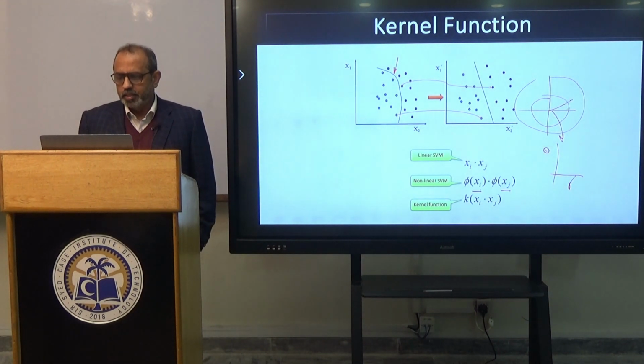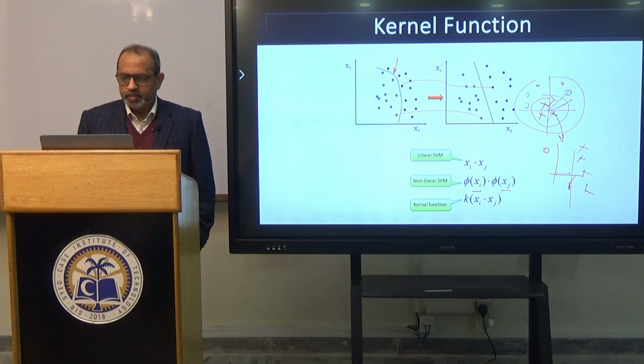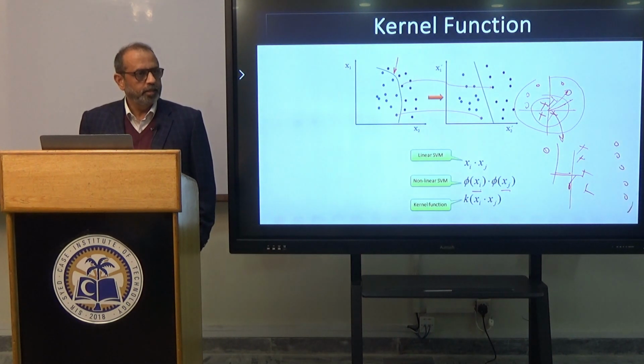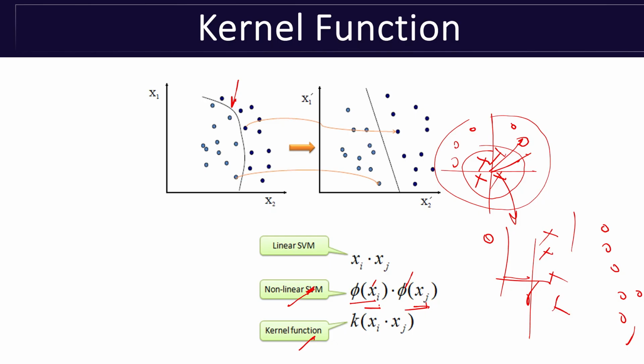All these smaller r with all values of theta will come on one side, and all the other points which have larger value of the radius will be on the other side. So by a nonlinear transformation of the features, you can still fit a linear plane, or you use a kernel function to deal with the nonlinearity in your data.